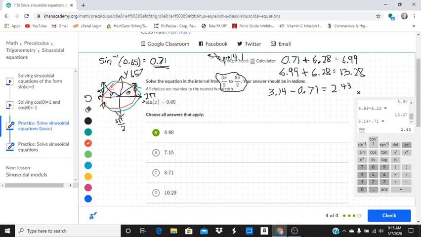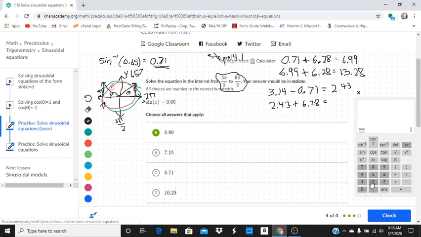So that'll be greater than 3 pi halves and less than 9 pi halves. So let's do 2.43 plus 6.28, which is going to give me 8.71. And I see that solution, so I want that one.